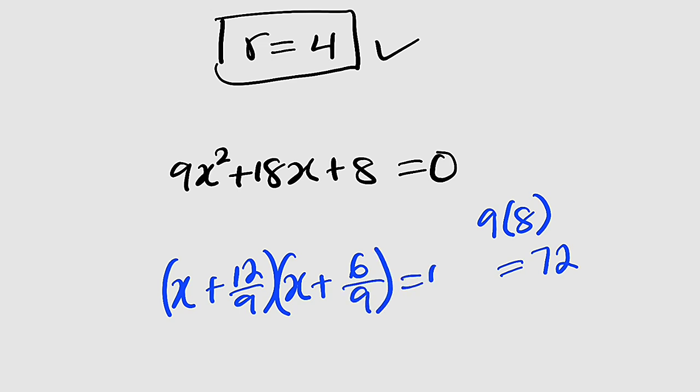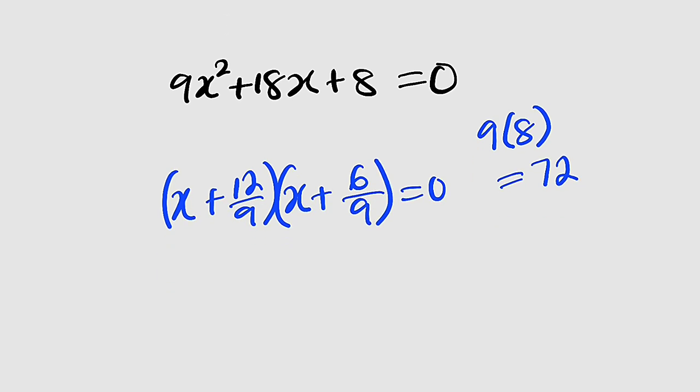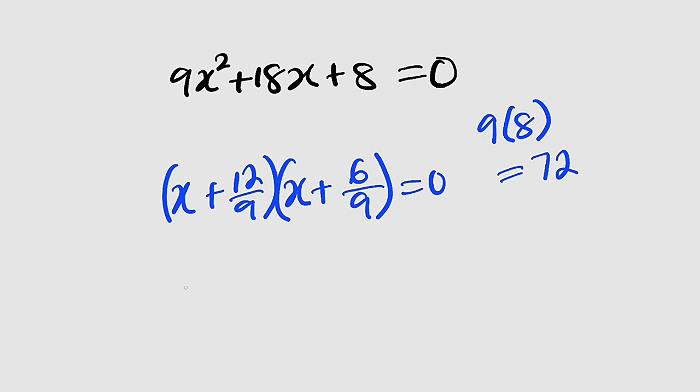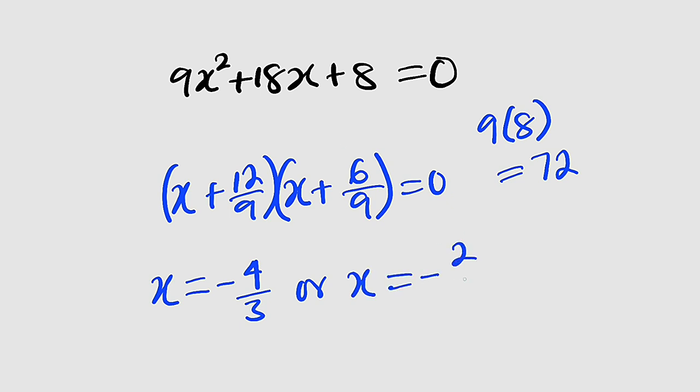This 9 is the leading coefficient. So we're going to set each to be equal to 0 by taking the constants to the right-hand side, but we have to write them in the simplest form. x is equal to negative what? 3 can divide 12 four times, and 3 can divide 9 three times, so negative 4/3. The other one is equal to negative 6/9: 3 can divide 6 two times, and 3 can divide 9 three times, so negative 2/3.